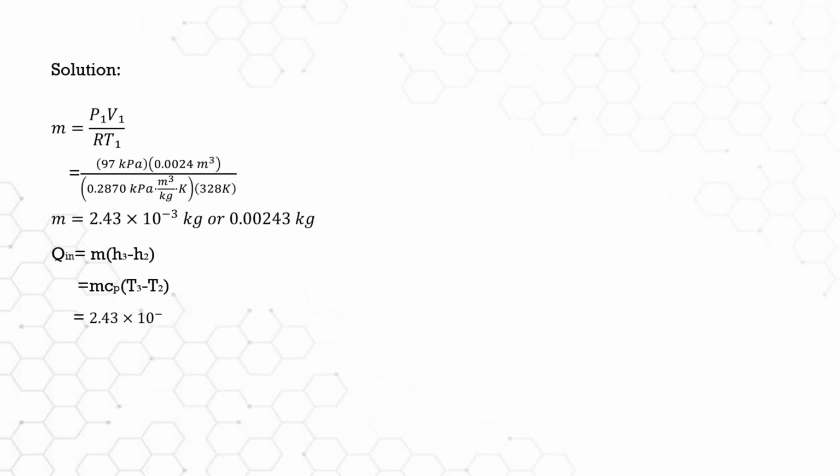We have 2.43 times 10 raised to the power of negative 3 kilogram times 1.005 kilojoule per kilogram Kelvin multiplied to the quantity of 2241.18 Kelvin minus 1018.72 Kelvin is equals to 3.038 kilojoules as our heat input.